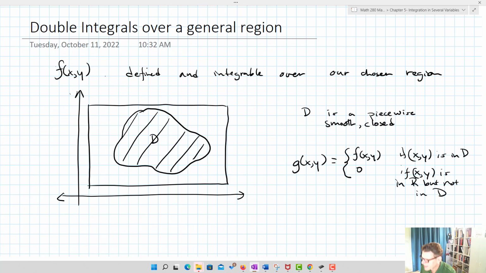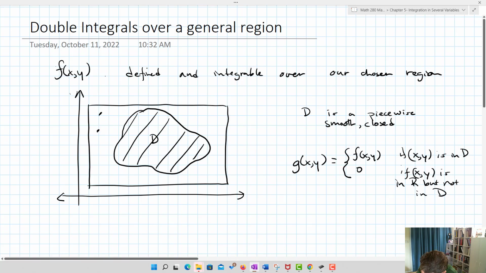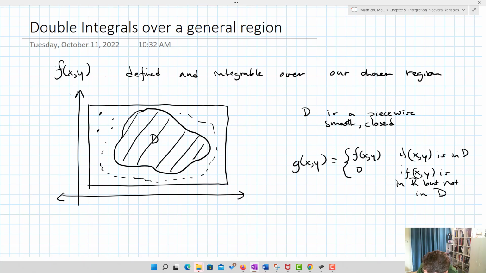What that's going to allow us to do is zero out anything that's not within the region. Out here, we'll make little dots. In this outside region, if we are not integrating over a region that's in D, we're just going to zero everything out.